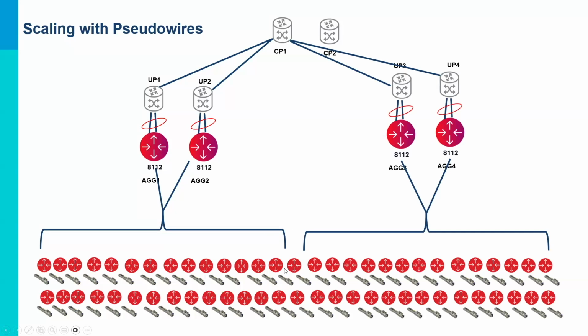And so these guys don't have to talk at all. This is completely separate, but the CP knows where every device is in the network. So you can limit the amount of learning that has to be done by the routers, but the CPs know where everything is. So it's a nice way to scale your network.